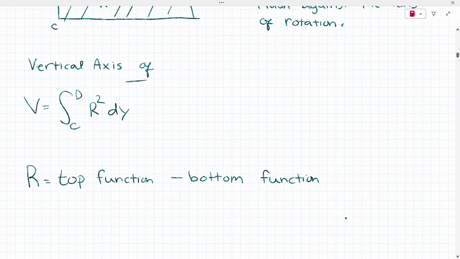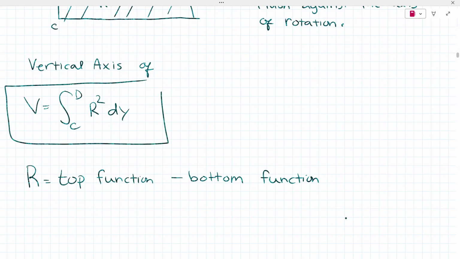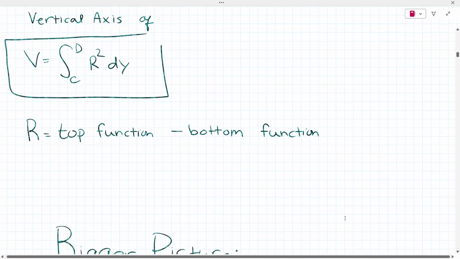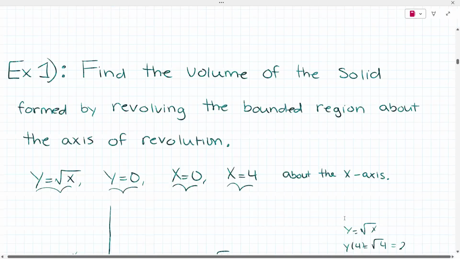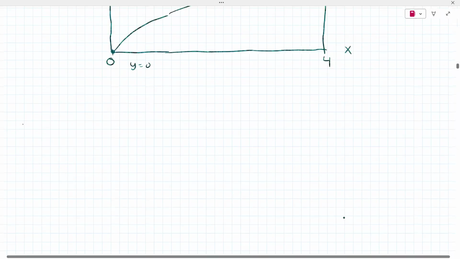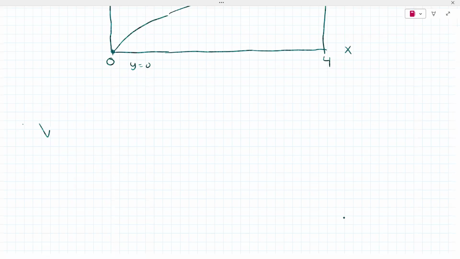So we're going to use this formula because it's specifically rotated across the x-axis, which is technically the vertical axis, right? So we can start setting it up. It's going to be the integral from a to b of pi r squared dx.